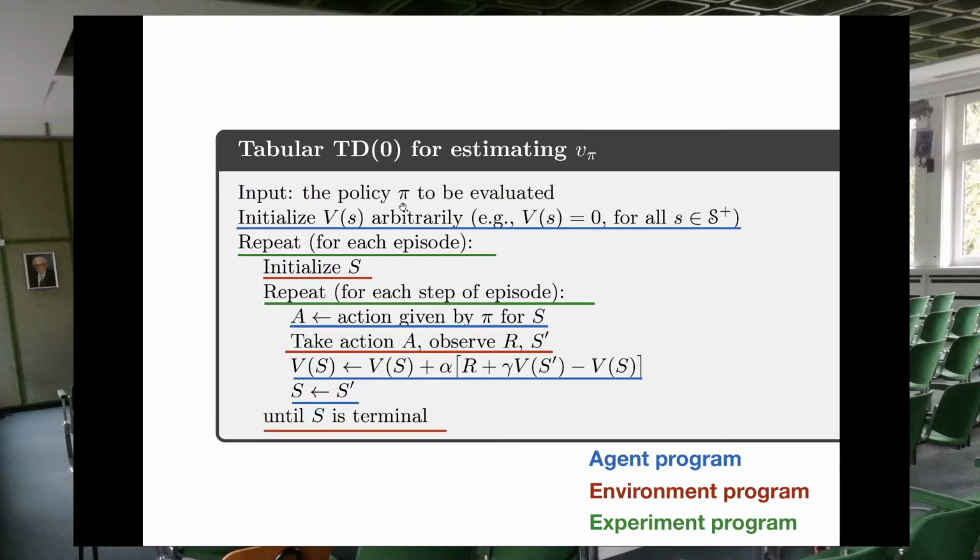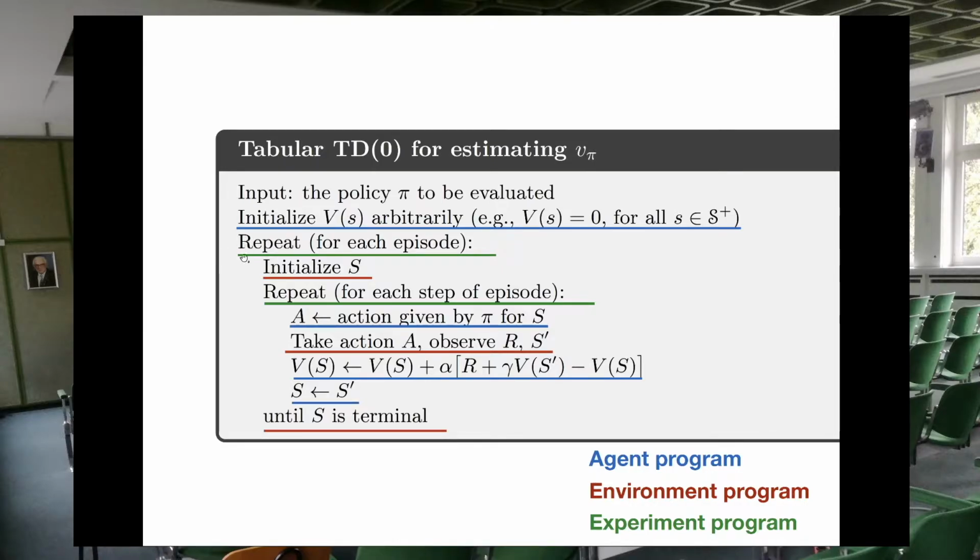This initial policy could be just a random policy. Then we initialize the value function. This is a state value function, so we will have a value for each state. Usually we initialize this value function to be 0 for every state. And in this notation, S belonging to S plus refers to the set of states that includes the terminal states or goal states. That's the reason for the plus sign.